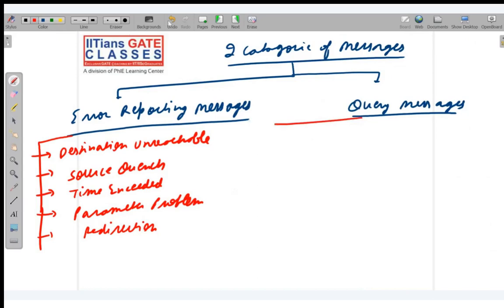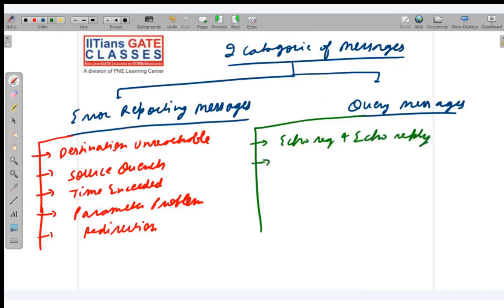Next is query messages. Query messages always occur in pairs, like echo request, echo reply. Next is timestamp request and reply.